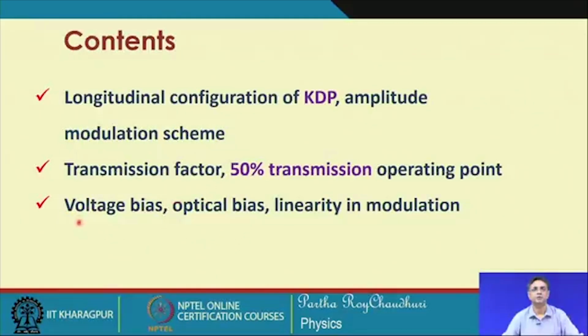Applying a voltage bias will be a costly affair, whereas biasing using the optical method will be easier and simpler, and with all known and existing optics we can do this.